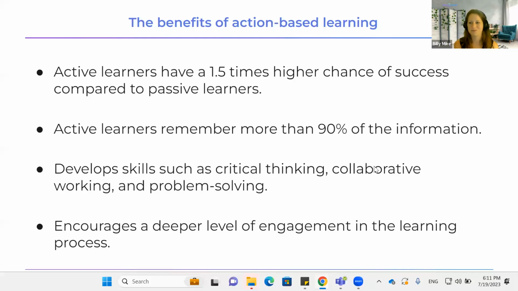As you remember, with passive learning, more than 90% was forgotten within 1 month. So there's a huge difference there. It also develops skills such as critical thinking, collaboration, and problem-solving capabilities. And eventually it encourages a deep level of engagement and understanding in the process. So these are all things that active learning can do.